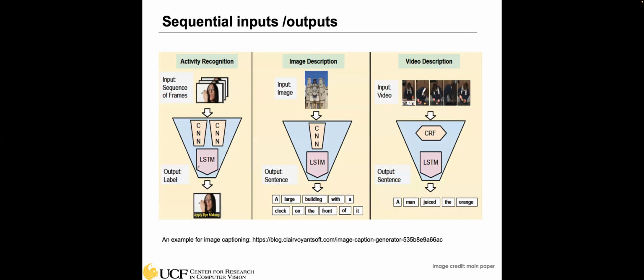There are some example applications here. One is using a hybrid network, CNN plus LSTM, for action recognition. For each frame, you use a CNN to extract features, maybe resulting in one feature embedding per frame, like a 4096-dimensional embedding. Then you take an LSTM to model the temporal information.